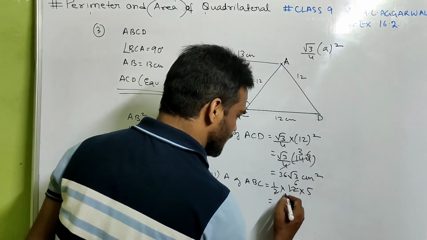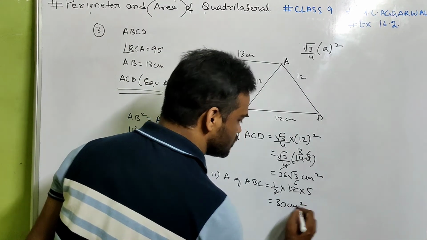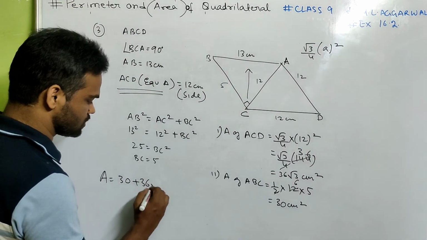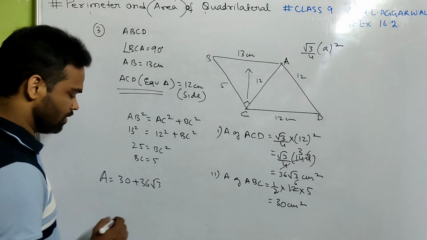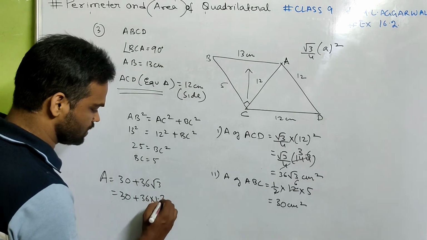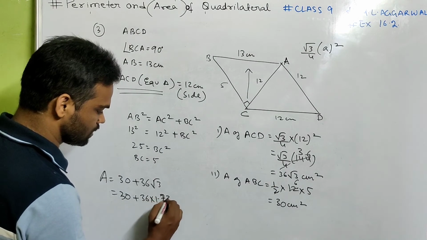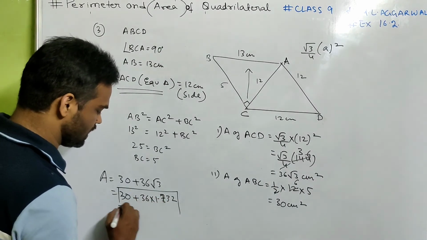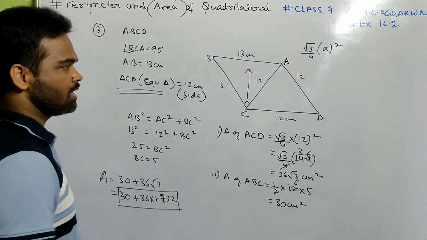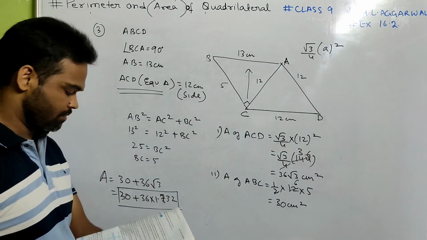So that's 30 centimeter square. So total area will be 30 plus 36 root 3. You know the value of root 3, so that's 30 plus 36 into 1.732. Solve it and get the answer. Simple. Clear? Draw the diagram properly.